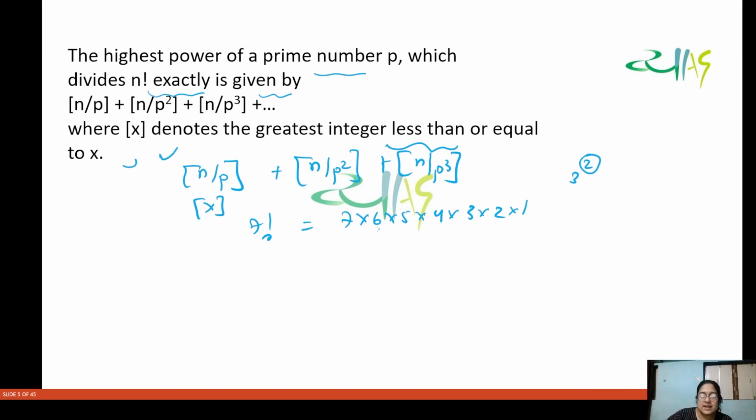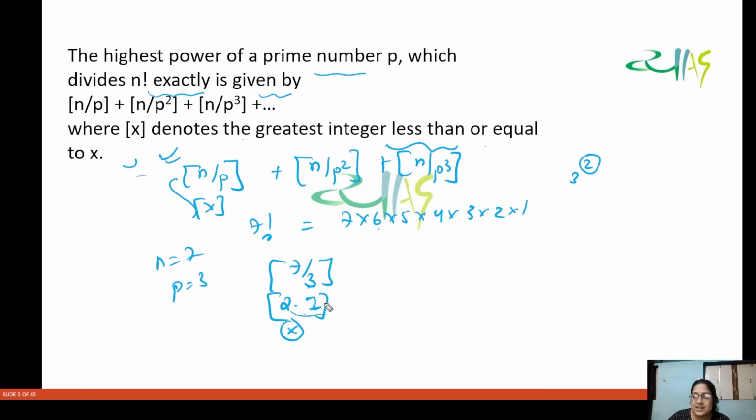So let's see how this formula applies. Here n is equal to 7 and p is equal to 3. Now let me apply this formula. We have to take the greatest integer. So 7 by 3 will come 2 point something, but we denote the greatest integer less than or equal to x.